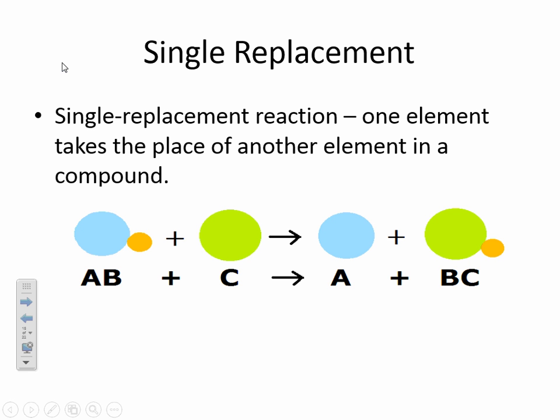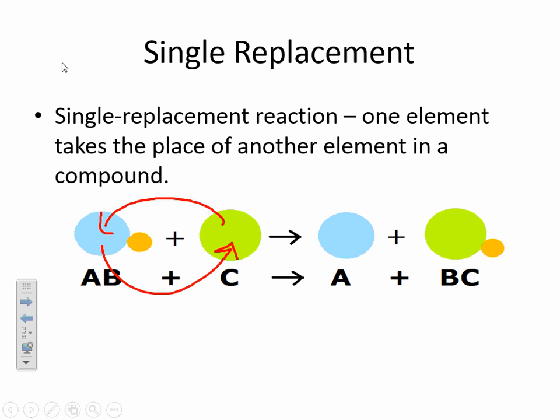What happens here? What 2 elements are switching? Really, C and A are switching spots. What happens when C and A switch spots? We form a new compound, and C, which was all on its own, is now bonded with B, and A, which was bonded to B, is now on its own.